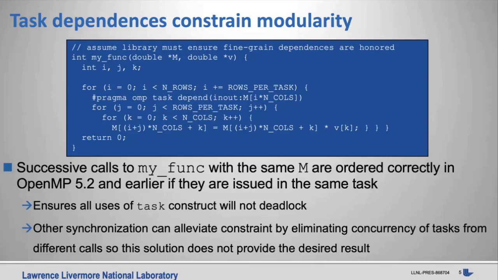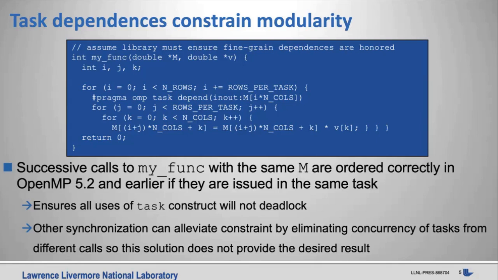So here I give a very simple example of performing an operation that is very well structured, so that in successive calls to this function, myfunc, they are operating on the same portions of the array that's passed in. All right.